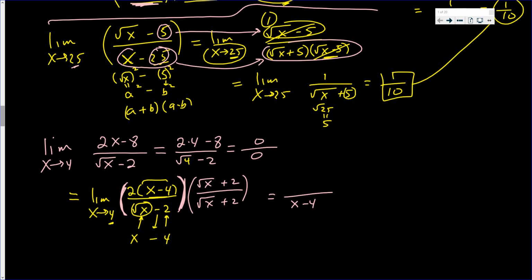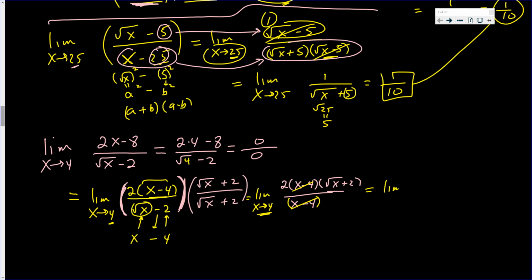Okay. So now the top, I just multiply across. 2 times x minus 4 times the square root of x plus 2. Got lucky that I left a lot of space here because I need to write the limit as x goes to 4. Now, the beauty of this is since x is not going to be 4, that cancels out.